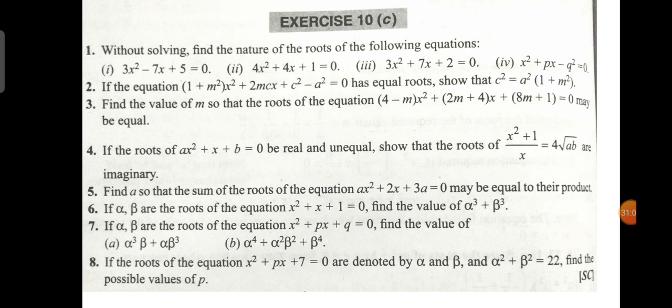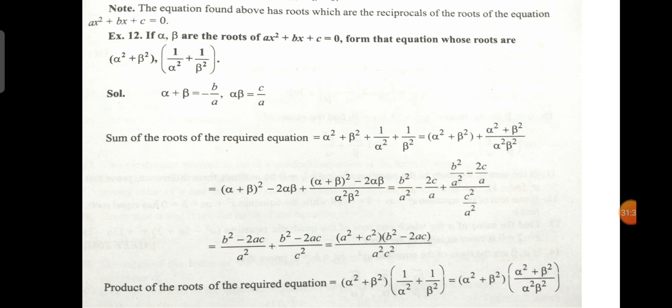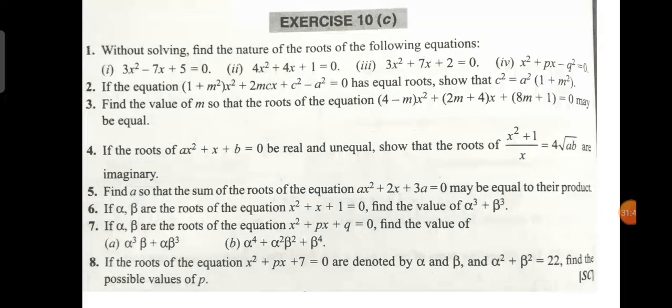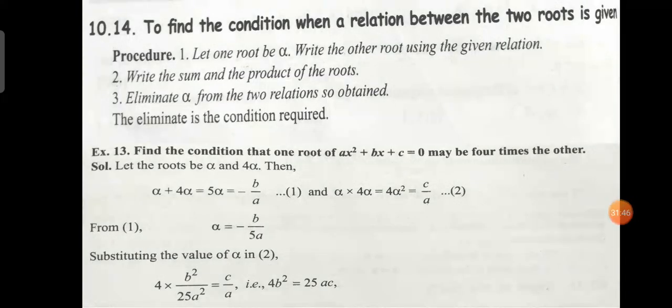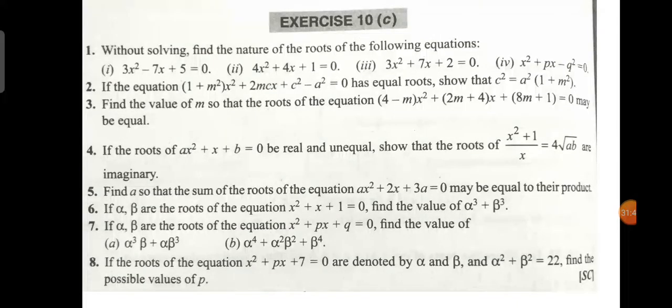And using those relations you have to find the quadratic equation, values of the equation, and also using the roots, you have to form the equation and find those equations whose roots are another type. This type of questions has been given. These are the exercise questions.